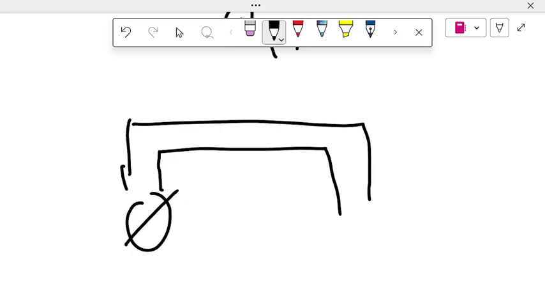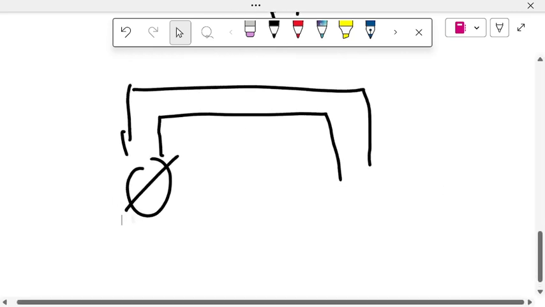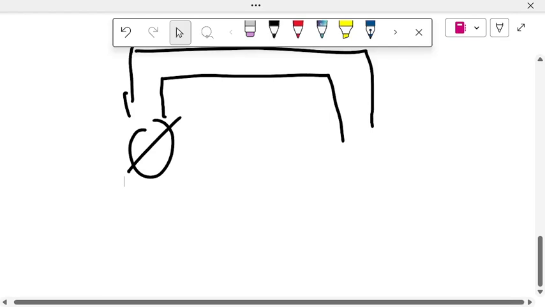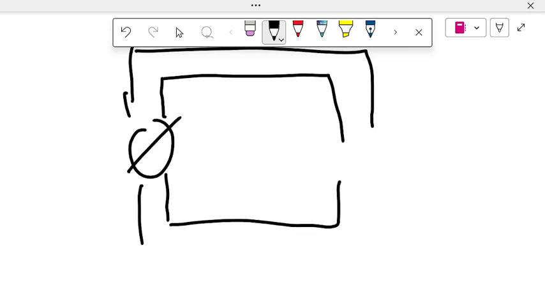Let's say I have here the compressor, and here we have expansion valves.